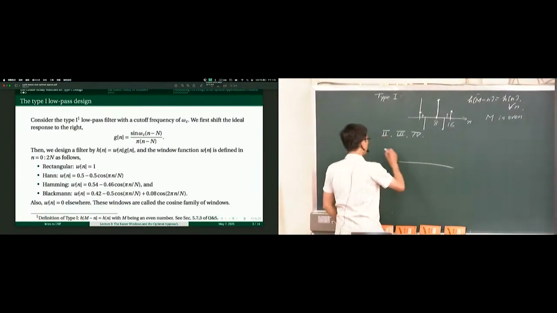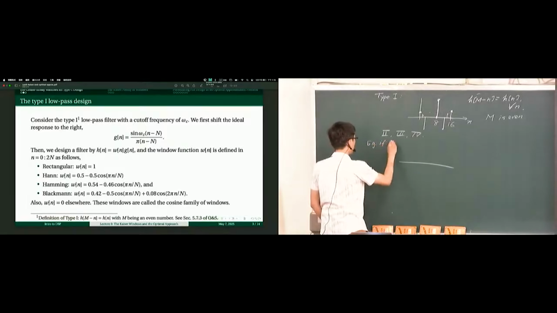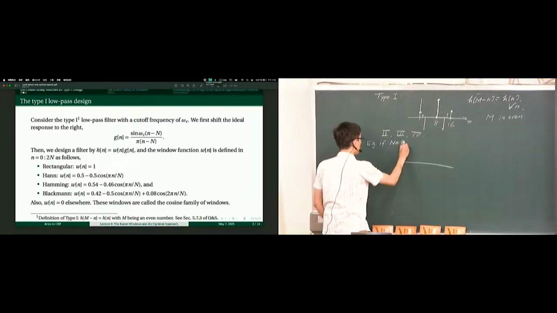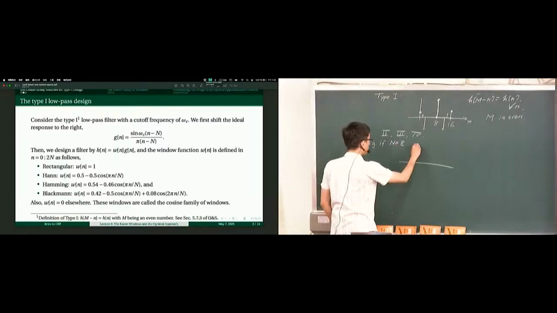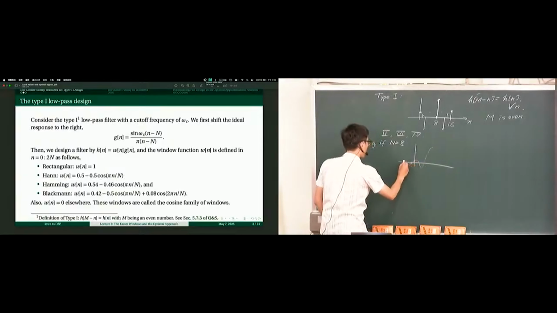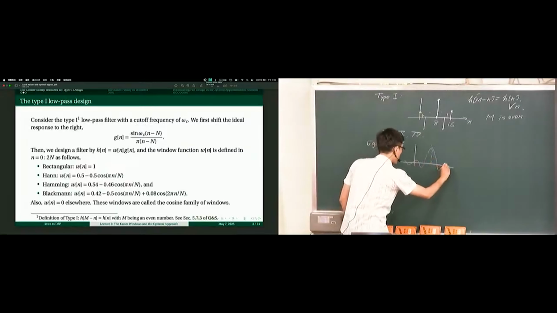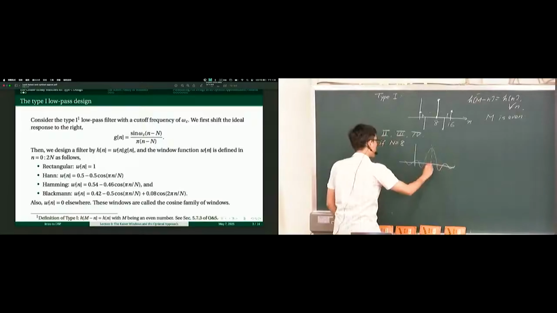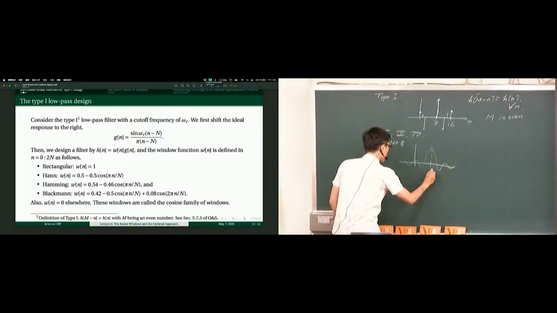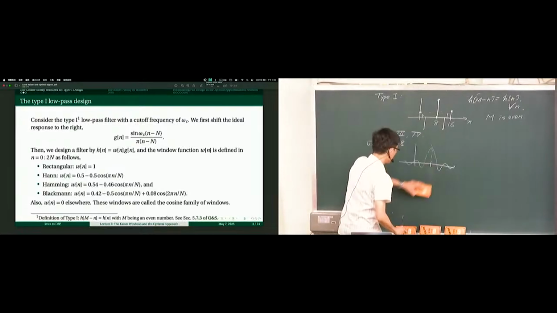For example, if this amount of shift equals 8, we would be shifting the sinc function, which may look something like that, to the right by 8 samples first.